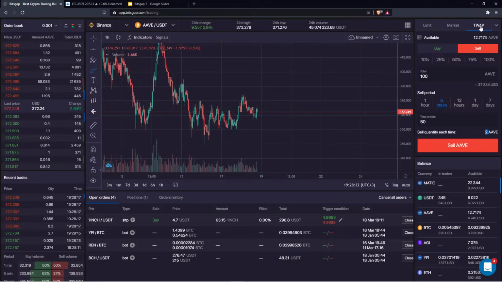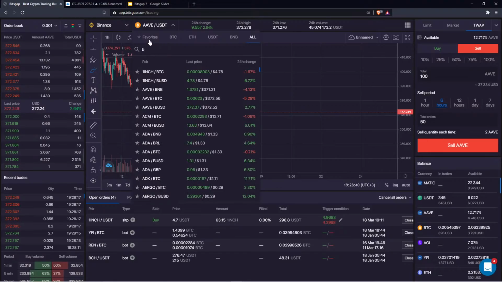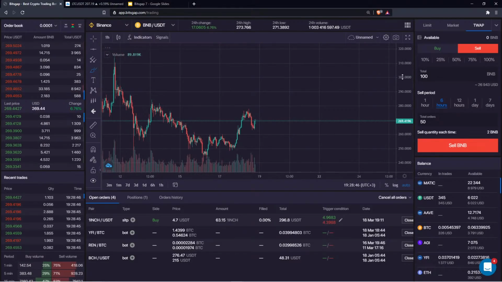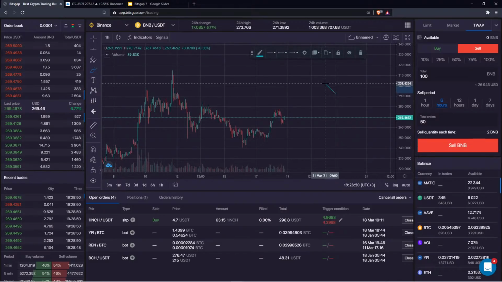Or of course, it's maybe not just about spreading the risk. You can also trade Twap on ordinary cryptocurrencies, like let's say BNB to USDT, which are highly liquid. There is a lot of volume here, a lot of interest here.